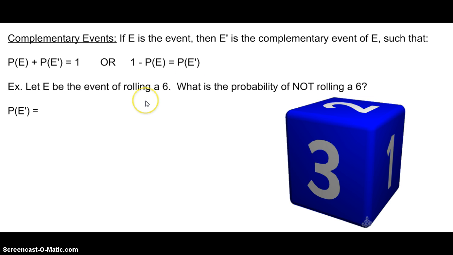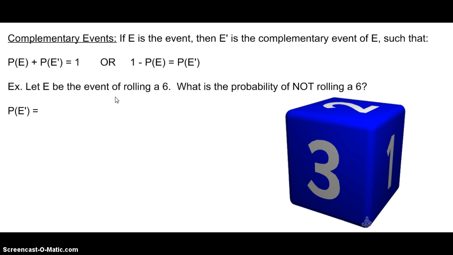And a good example of this is when we think about rolling a die. If E is our event of rolling a 6, the chances of rolling a 6 when I push this button here would be, well, if you think about that for a second, the chance of rolling 6 is 1 over 6.